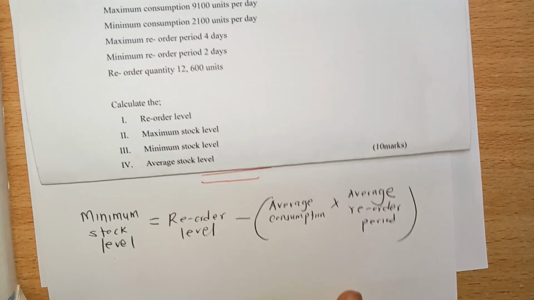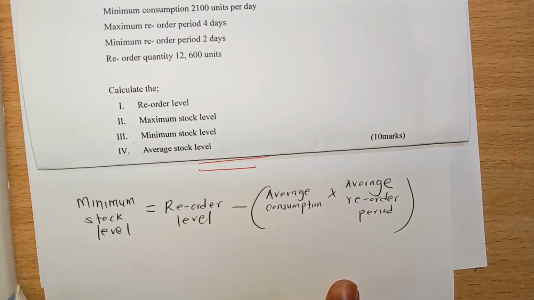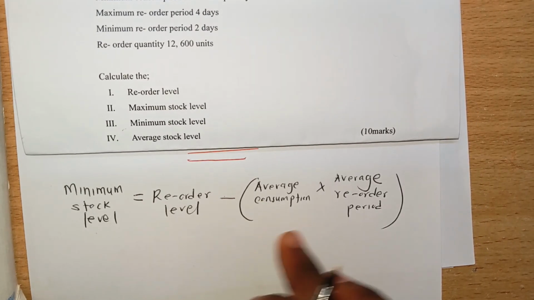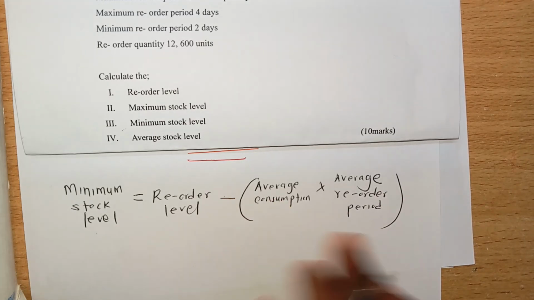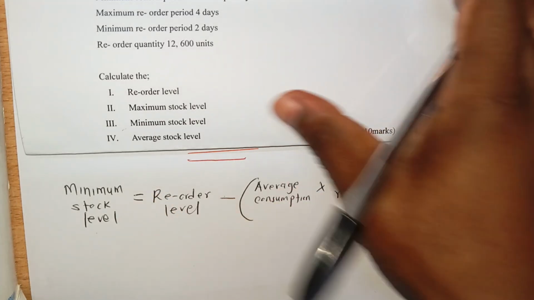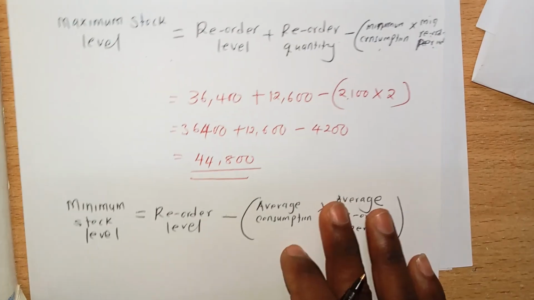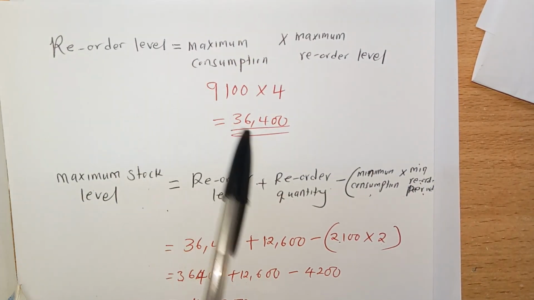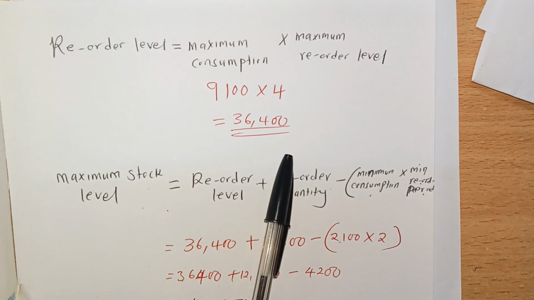That is the formula for finding the minimum stock level. Because here we are dealing with averages, we know that the reorder level we have already calculated, which is 36,400.